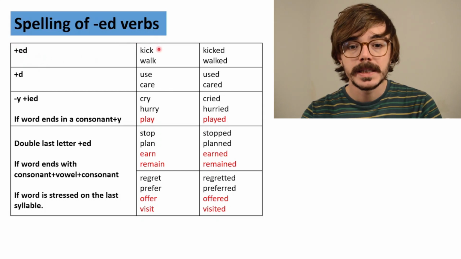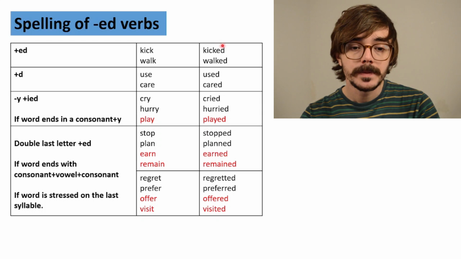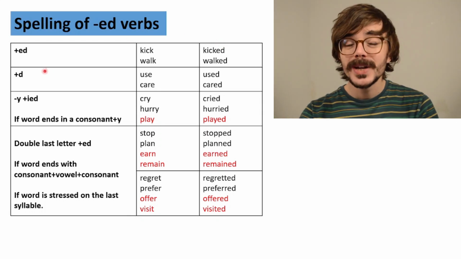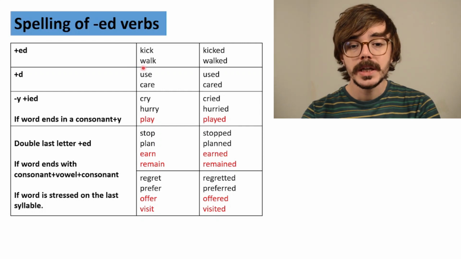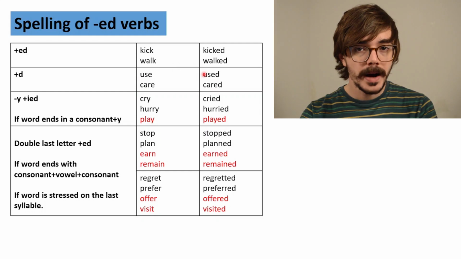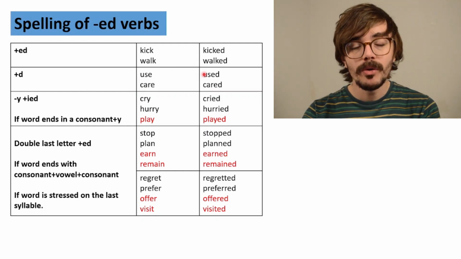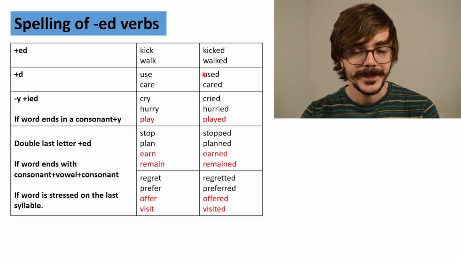Kick becomes kicked. Walk becomes walked. Some verbs we only add d. Use becomes used. Care becomes cared. Why? Because use and care already end with an e, so we don't add another e.